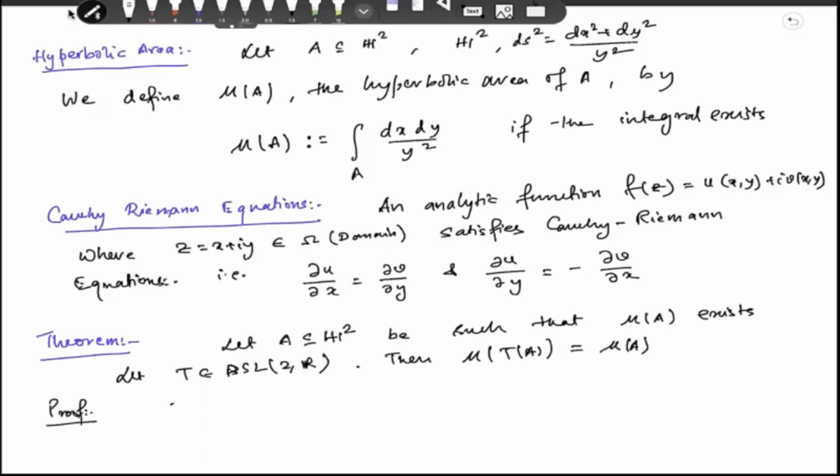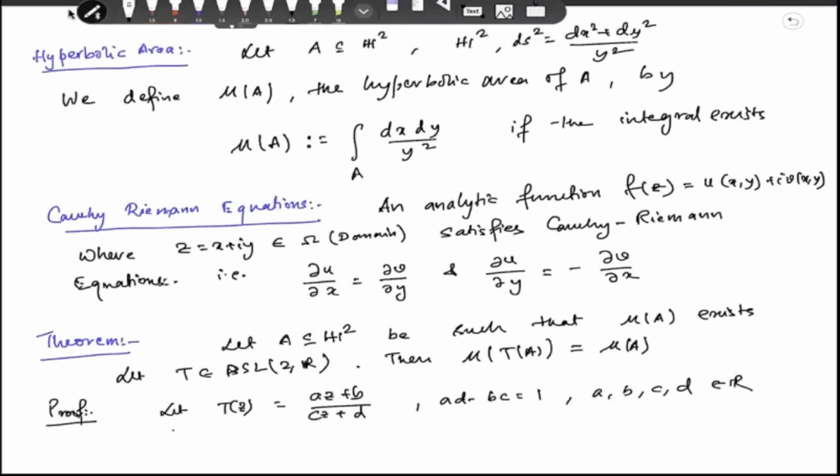Let us take T to be of this form: T(z) equals (az plus b) by (cz plus d), where ad minus bc is equal to 1, and a, b, c, d are real numbers.